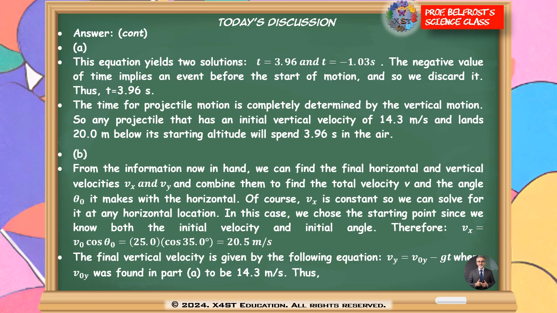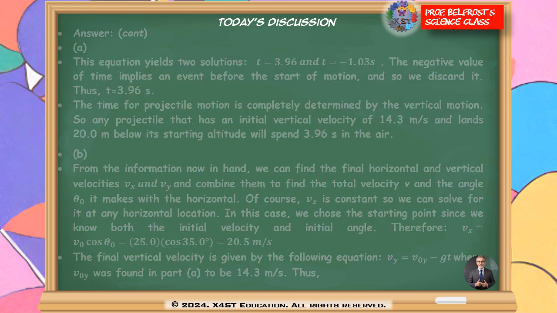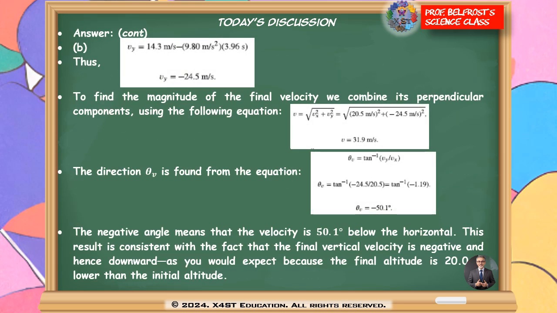Using this fact, vx is known, and vy is also known. So vy is simply v0y minus gt, and the t has been found in the first question. So we just need to add them vectorially by utilizing the Pythagorean theorem, and we have the value of v equals 31.9 meters per second.